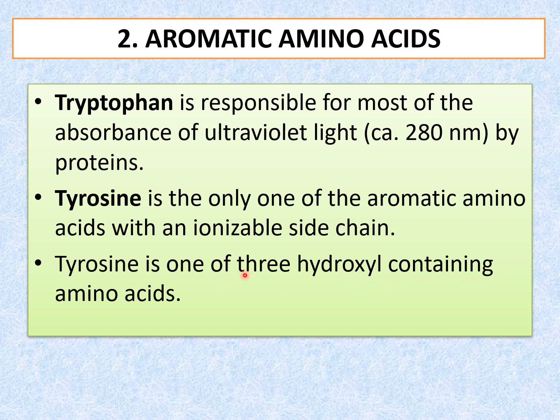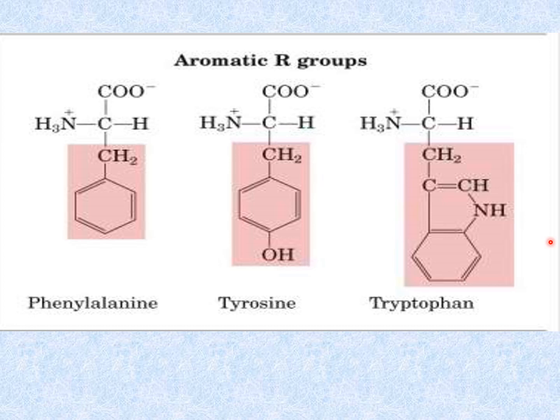Later we will show you what are the other amino acids that have a hydroxyl group in their side chain. Right, so here are the amino acids under the aromatic R group: phenylalanine, tyrosine, and tryptophan. And as you can see in their side chain, they have what we call benzene rings.